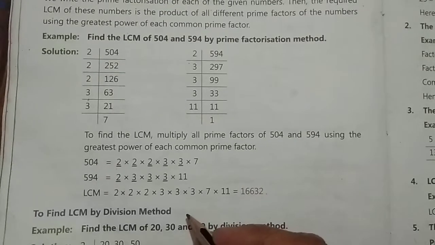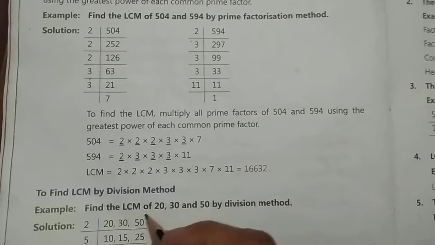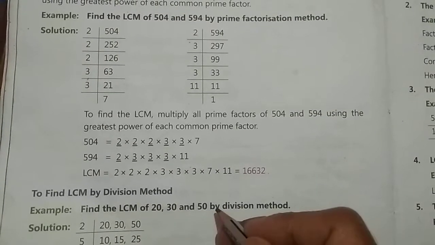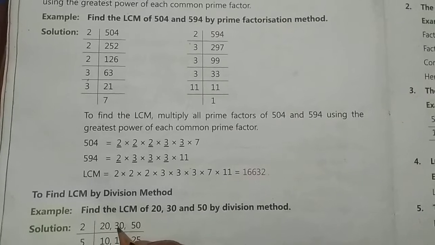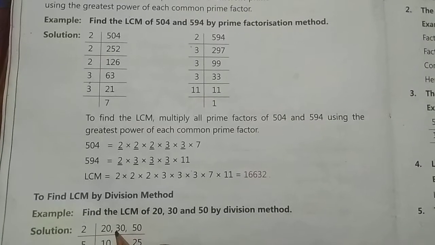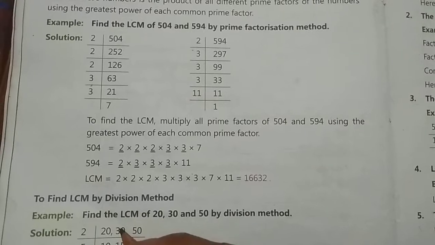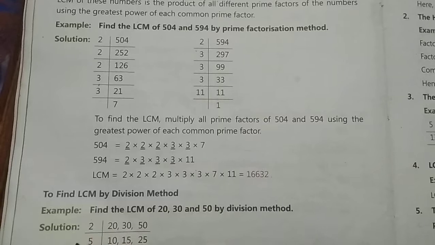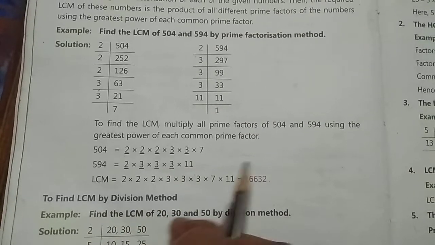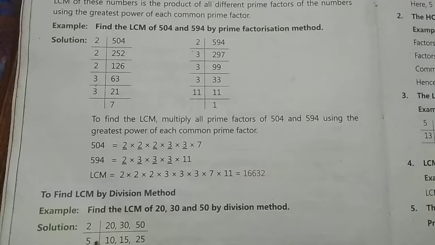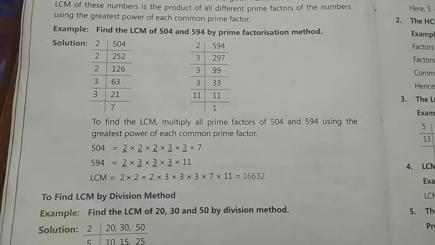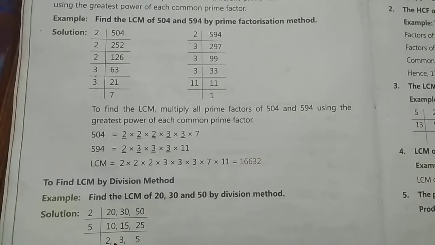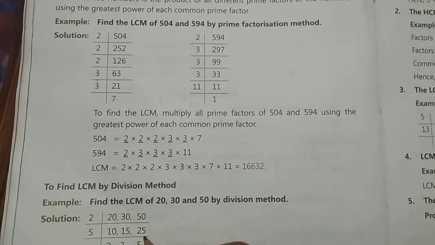Now to find LCM by division method. Example: find the LCM of 20, 30 and 50 by division method. So we write all the given numbers and then we divide by the numbers by which all the numbers are divisible. So here 2 into 10 is 20, 2 into 15 is 30, 2 into 25 is 50, 5 into 2 is 10, 5 into 3 is 15, 5 into 5 is 25.